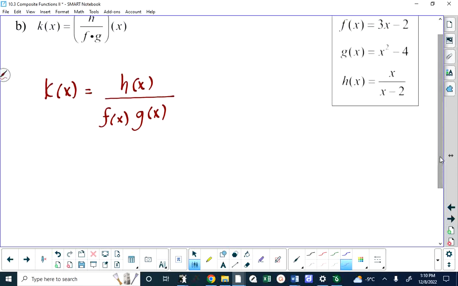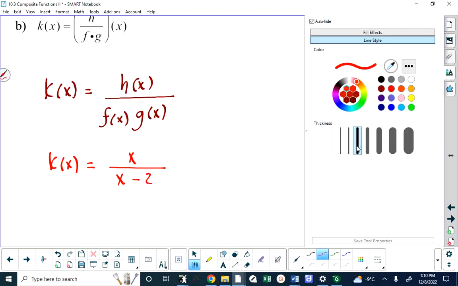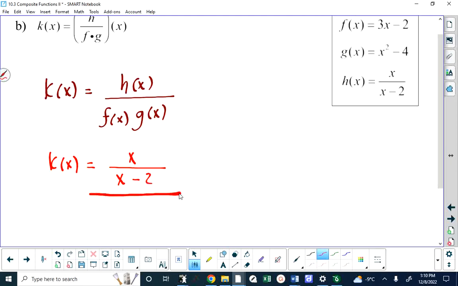We have for h of x, what do we have? x over x minus 2 over the product of 3x minus 2 and x squared minus 4. And I've really highlighted the fact that the main fraction has a numerator over that thick line and the denominators under the thick line. I'll pause there. Any questions with that so far?